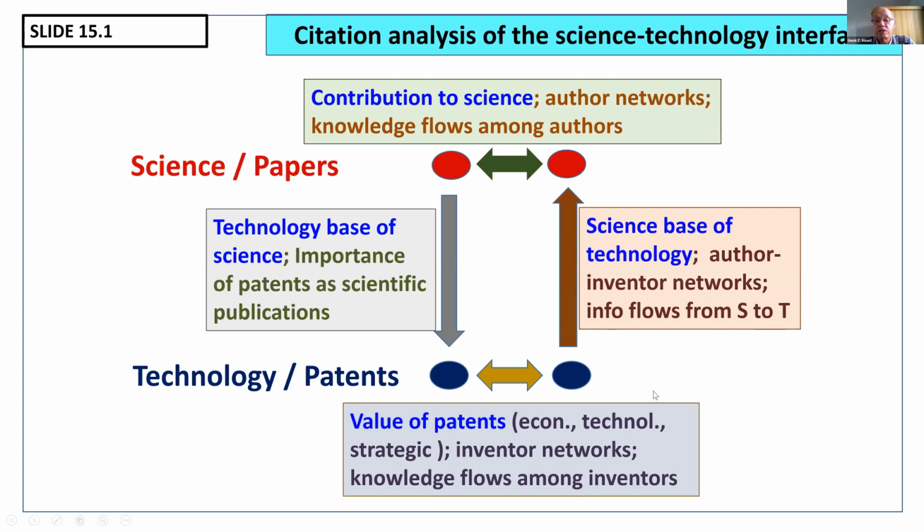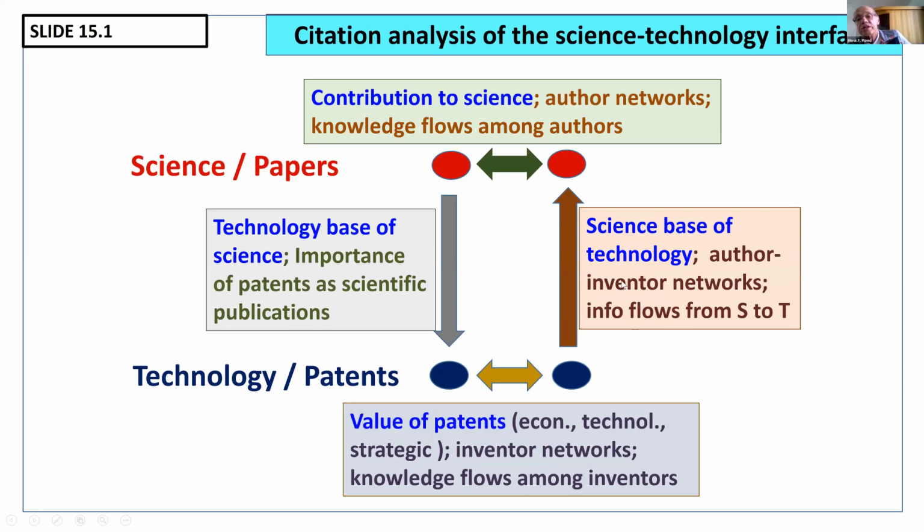And last but not least, we can study the citations from patents to scientific papers. And that is interesting because that tells us something about the science base of technology and enables us to study author-inventor networks and so on.